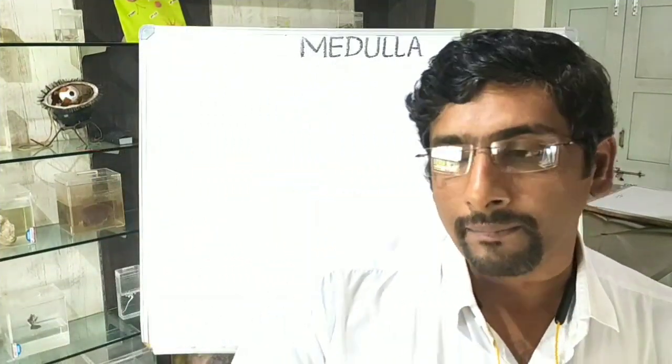When we come to the medulla oblongata, it is very necessary to understand the tracts of the spinal cord and the general arrangement of the brainstem, without which it is very difficult to understand the internal structure. We may understand the external features of the medulla oblongata, but it's very difficult to understand the internal components of the medulla oblongata.